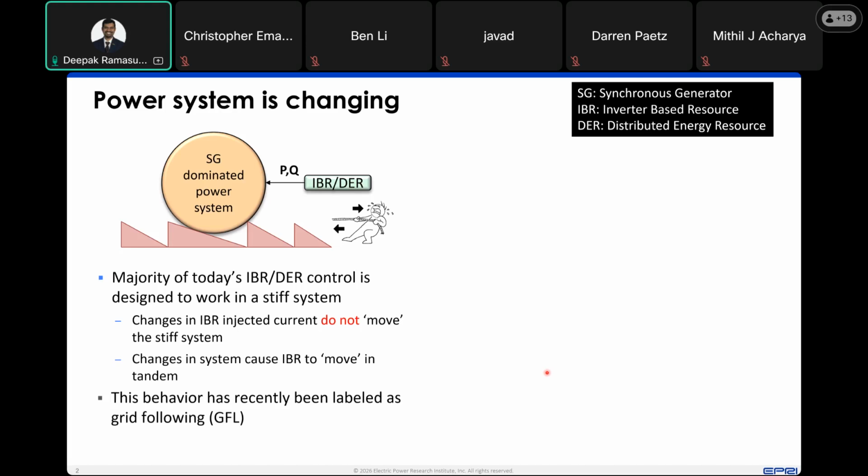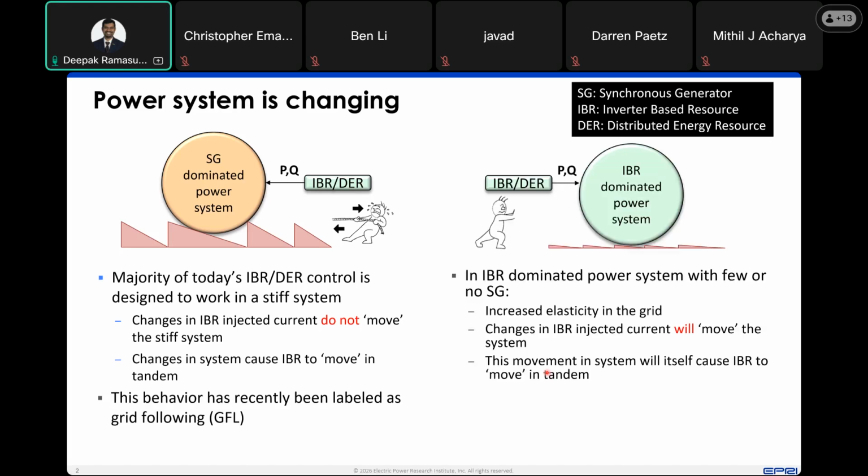On the other side, you have an inverter-based resource dominated system. And if you don't do anything else, so if it is the same kind of inverters that we have in a lot of today's systems, if you add that into the power system, then the elasticity of the grid increases.